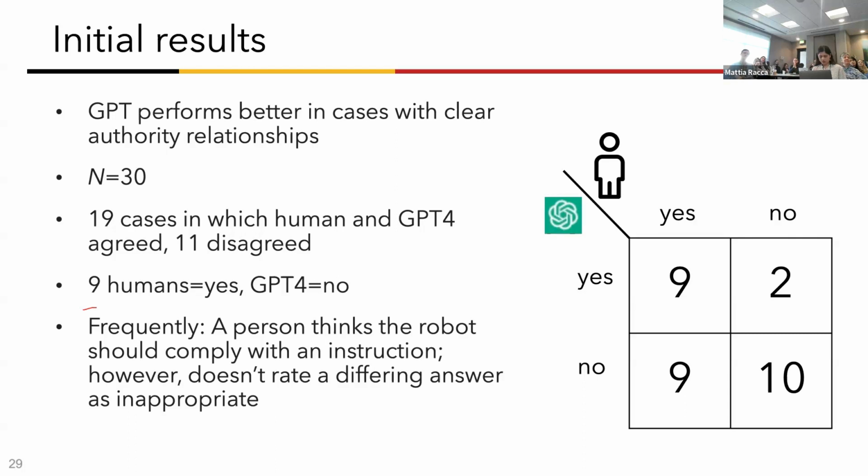And the other thing we found is that in the semi-structured free answer component, there was a strong tendency for several people to say, robots should do what they're told.